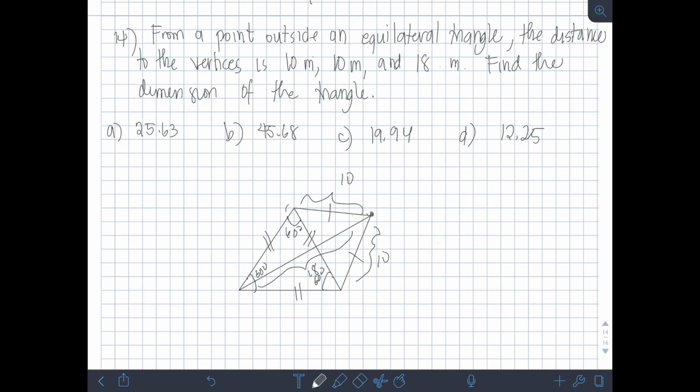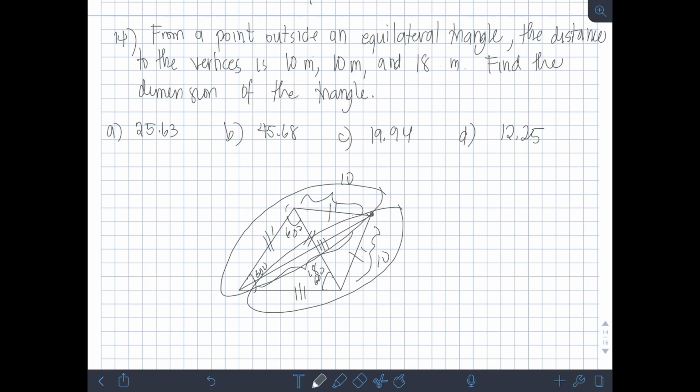Okay? So, mapapansin nyo, itong triangle natin na nabuo, itong triangle na to, tsaka ito, ano sila? Congruent triangles. Kasi, yung sides nila, corresponding sides nila ay magkakasukat. Itong side na to, side na to, side na to, side na to, tsaka itong common side nila na ito.